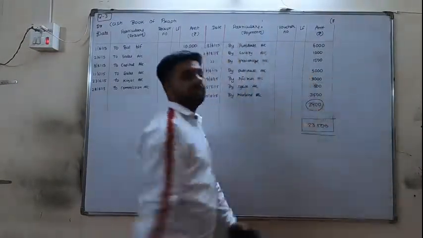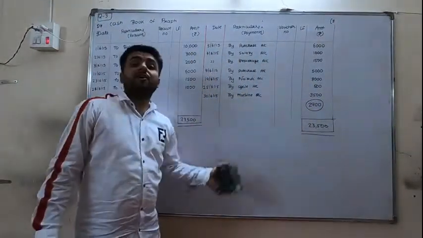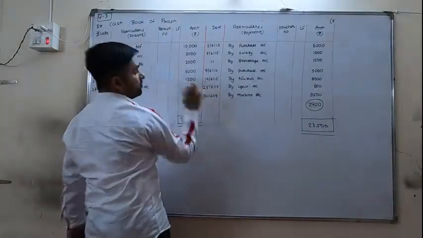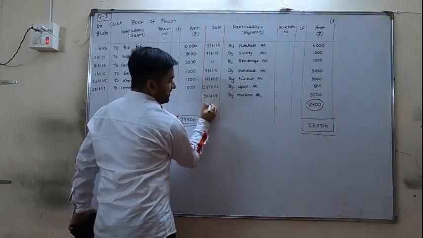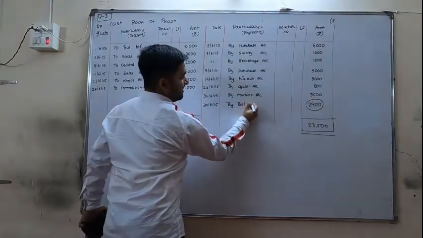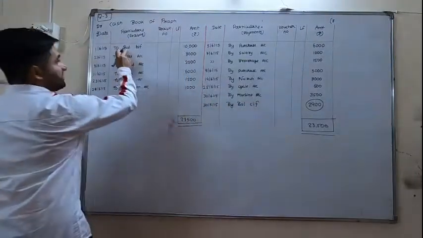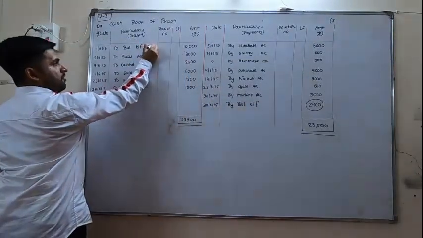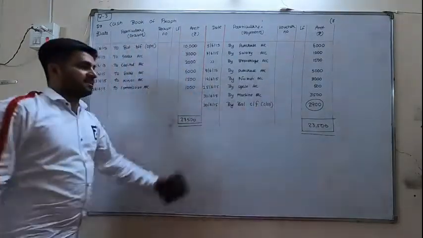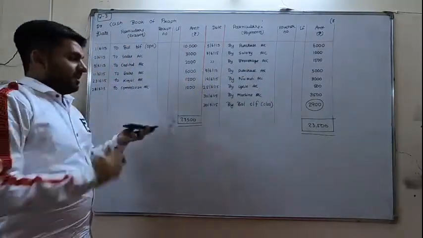This is the closing cash balance, on the last day of the month. This is the June month, so the last date of June is 30/6/15, and we will write by balance carried forward. This is brought forward, the opening balance; this is carried forward, the closing balance, and this is our answer. How have we done it?